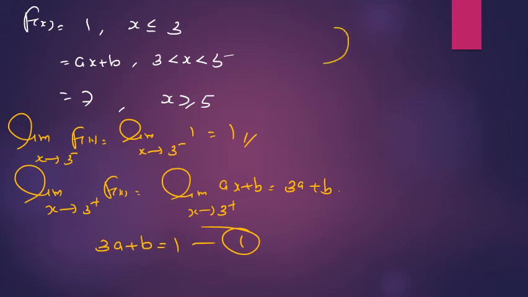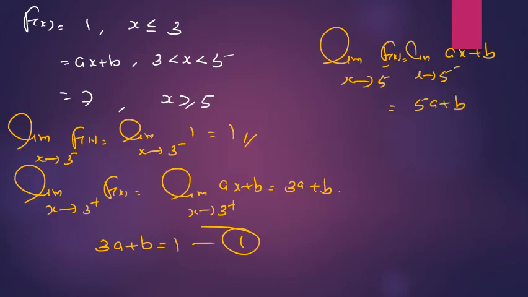Second, limit x tends to 5 minus f of x. What is f of x there? 5 minus means ax plus b. So 5a plus b.